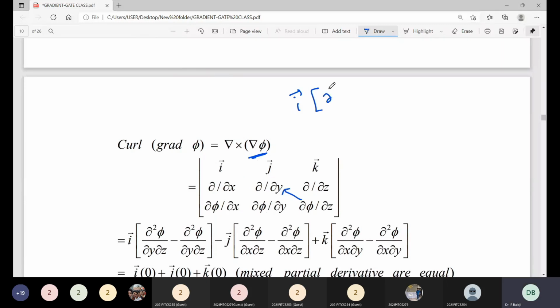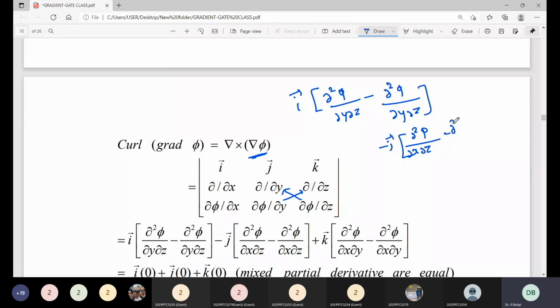i vector into ∂²phi/∂y∂z minus ∂²phi/∂y∂z. Then j vector into ∂²phi/∂x∂z minus ∂²phi/∂x∂z, plus k vector into ∂²phi/∂x∂y minus ∂²phi/∂x∂y.